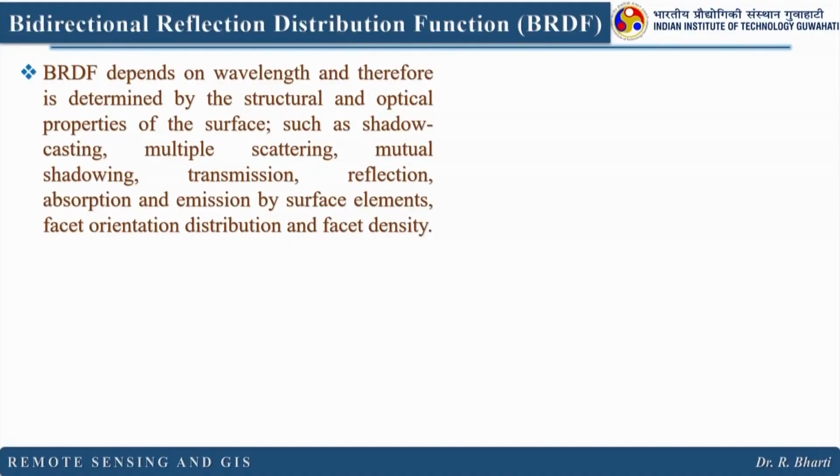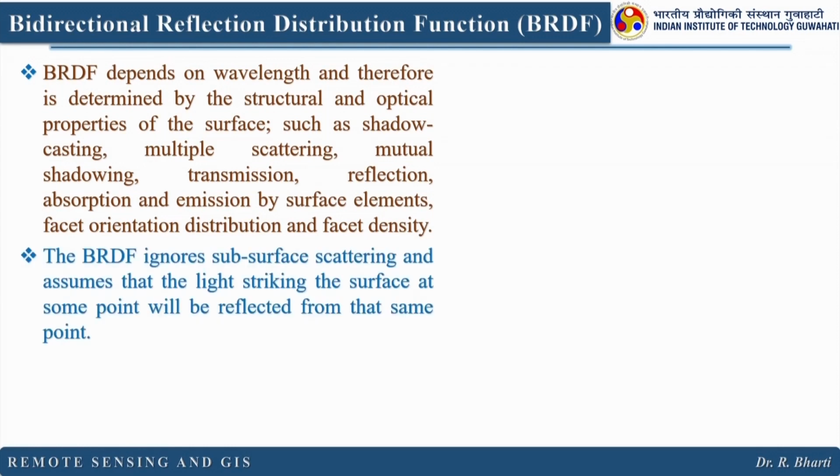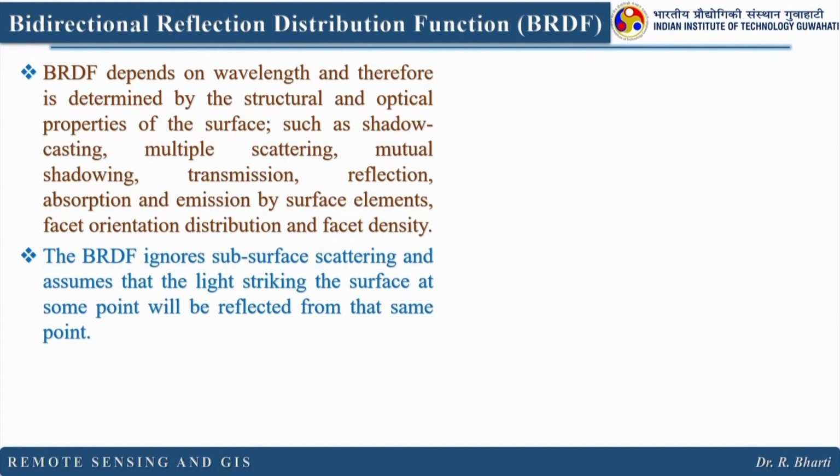BRDF depends on wavelength and is therefore determined by the structure and optical properties of the surface, such as shadow casting, multiple scattering, mutual shadowing, transmission, reflection, absorption and emission by surface elements, facet orientation distribution and facet density. In the second point, the BRDF ignores subsurface scattering and assumes that light striking the surface at some point will be reflected from that same point.